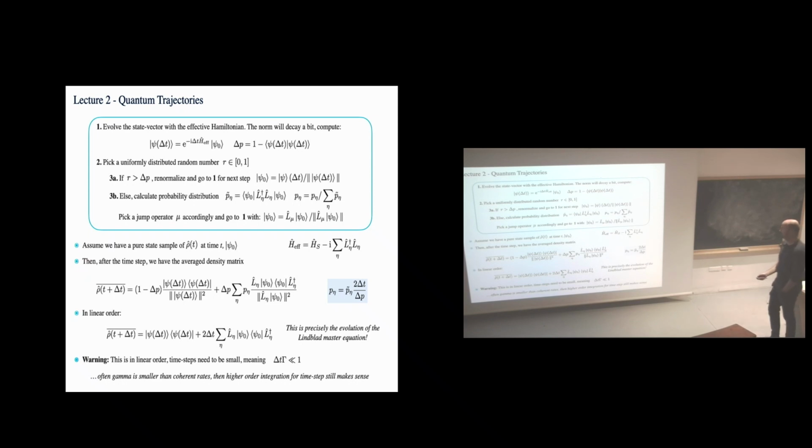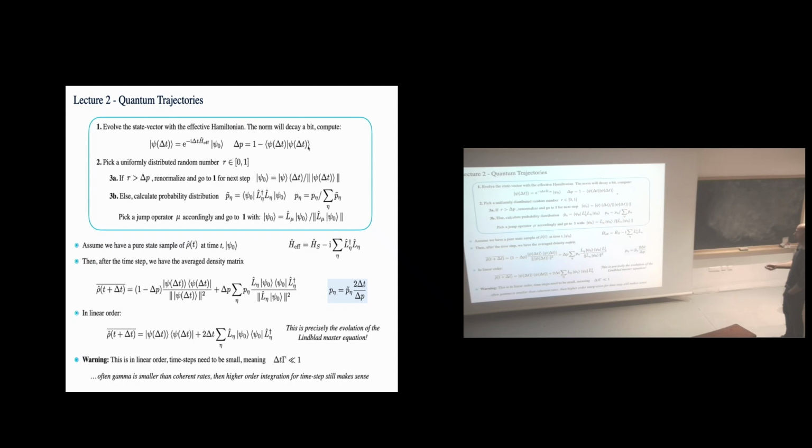Okay, but this simple formula I just derived immediately explains why this whole thing works. So what I do is I take this and plug it into this sum here, and let's see what we get. Here this is then psi at t plus delta t. Again in this linear order, this is just going to be 1 minus delta p, right?